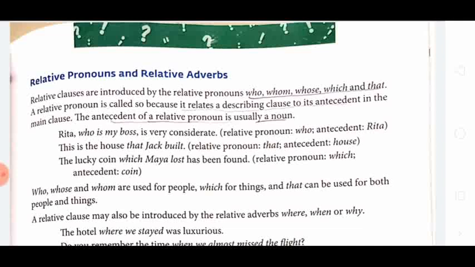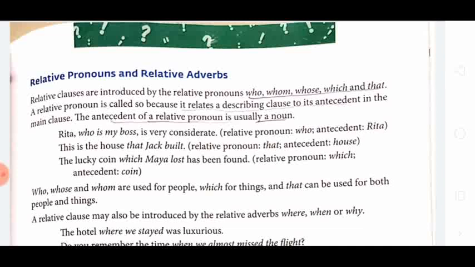Now, relative pronoun and relative adverb. Here also keep the words pronoun and adverb in mind. Pronouns are words which come in the place of a noun. And adverbs are words which add something to the verb.